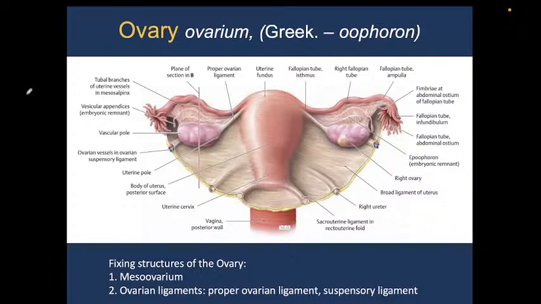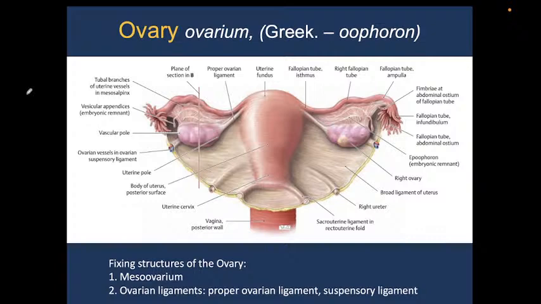A typical ovary is a flattened oval measuring approximately 5 centimeters long and 2.5 centimeters wide, and only about 8 millimeters thick.